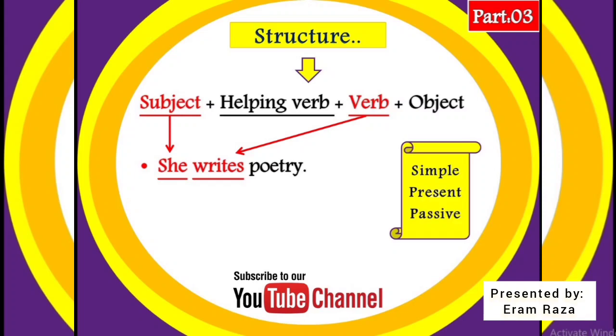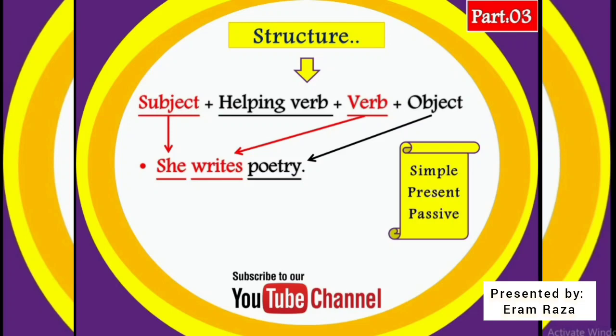So here you have writes as a verb, the verb of simple present tense, and this is an active statement. This is an active sentence, not a passive sentence. Okay, got it. Now let's go ahead to the object. What is the object in the sentence? It is poetry. Poetry is the object.